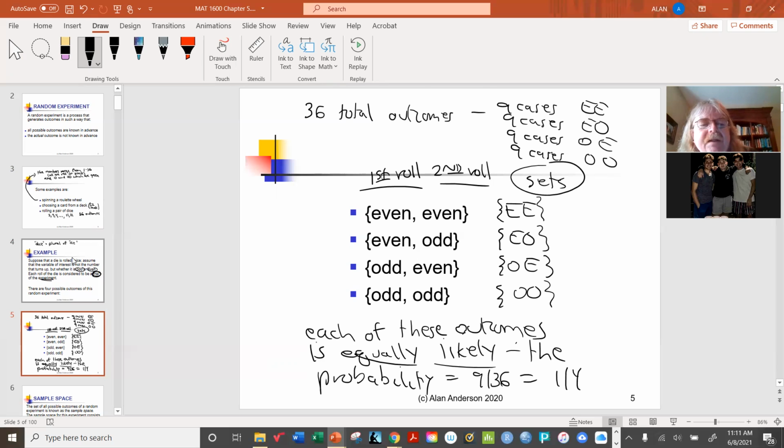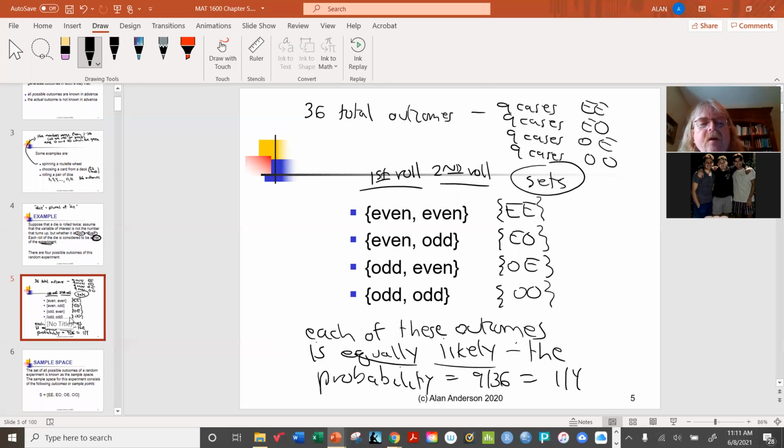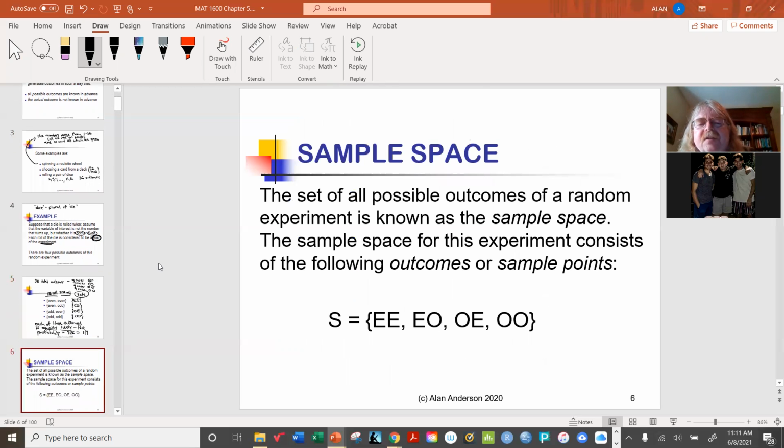Okay, now we're going to gather all of these outcomes into a big, gigantic set, which we'll call the sample space. For every experiment, there's a sample space. This one happens to be very simple. We've got 4 possibilities, each of which is equally likely, and it's written as S for sample space.